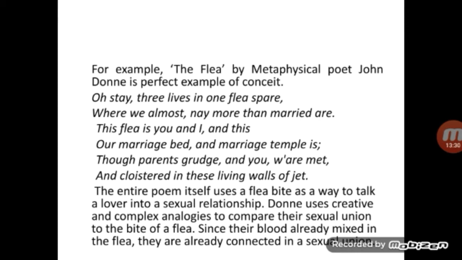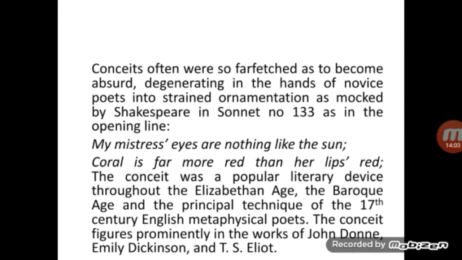Even though their physical attachment is far, they have become the bed because of the flea.